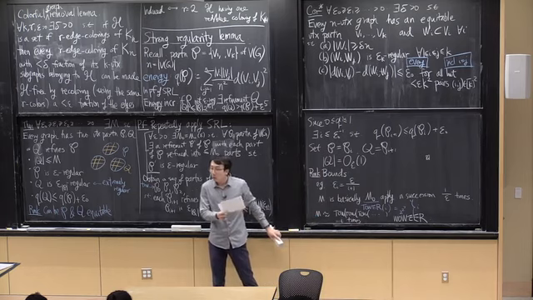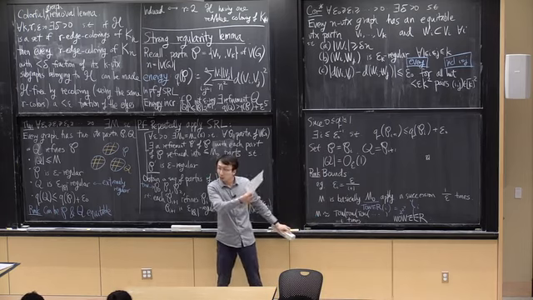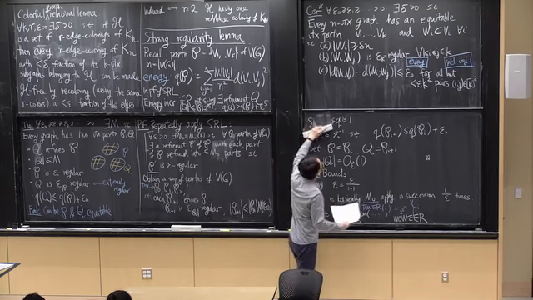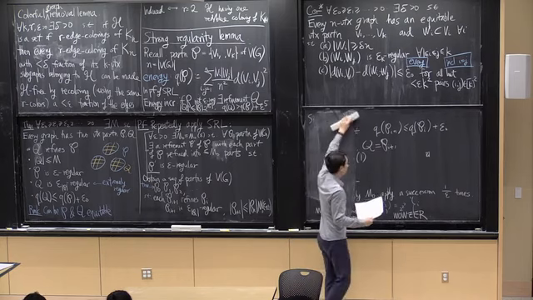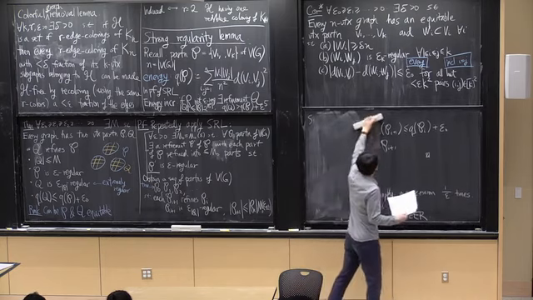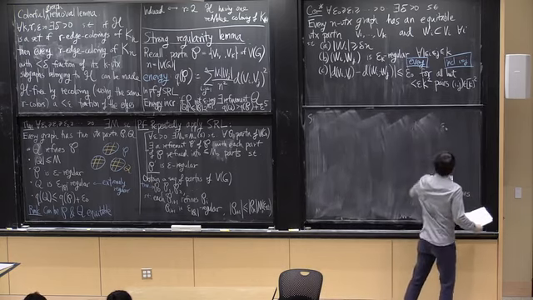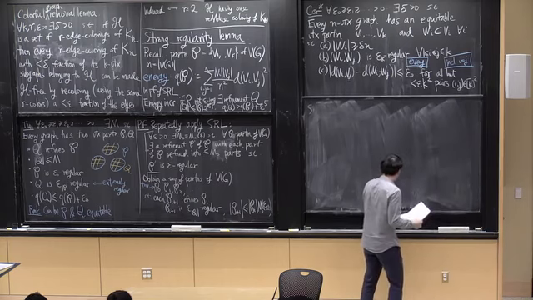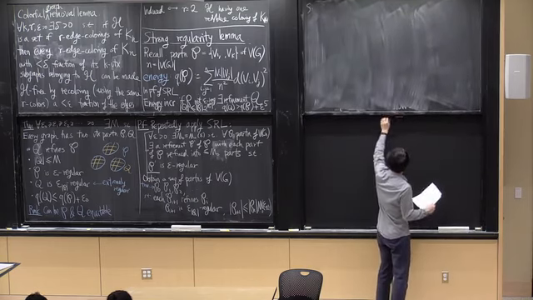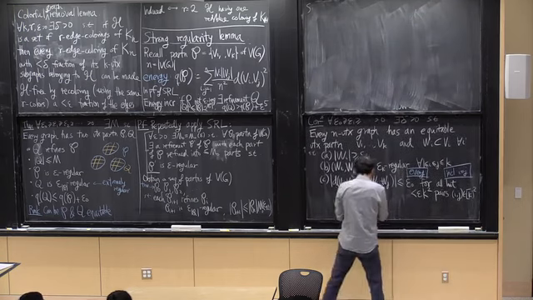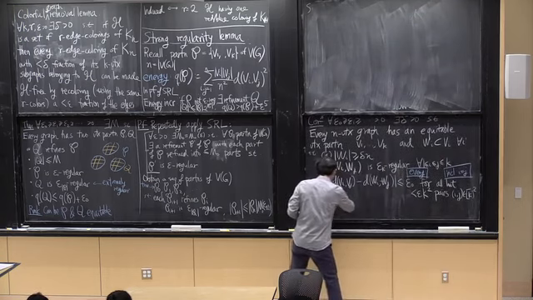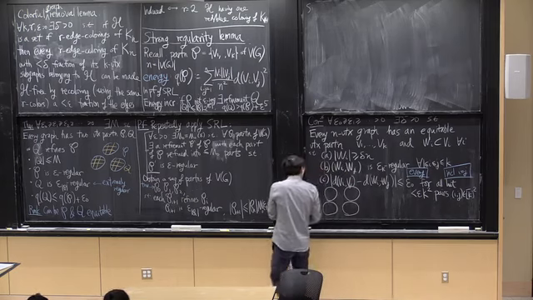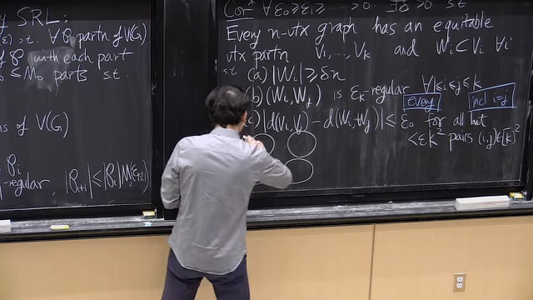So let me show you how you could deduce the corollary from the strong regularity lemma. First, let me draw you a picture. Here you have a regularity partition, and these are your V's.